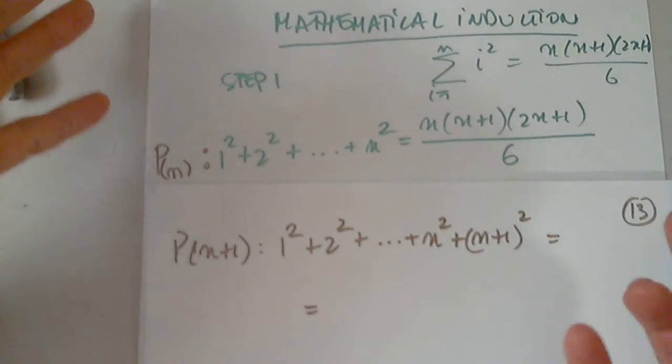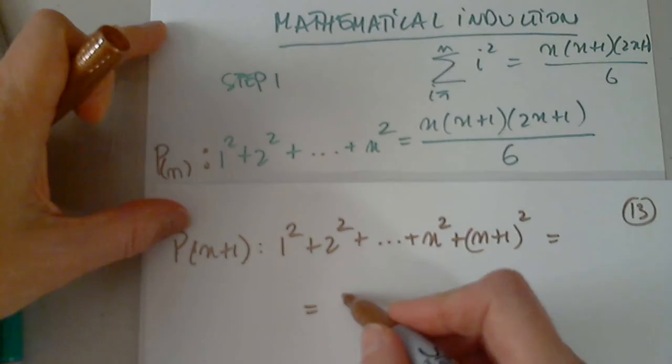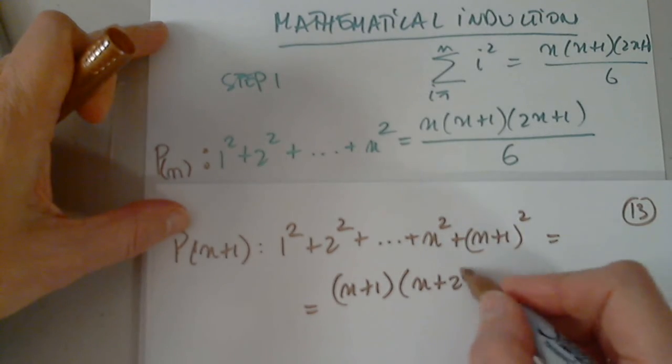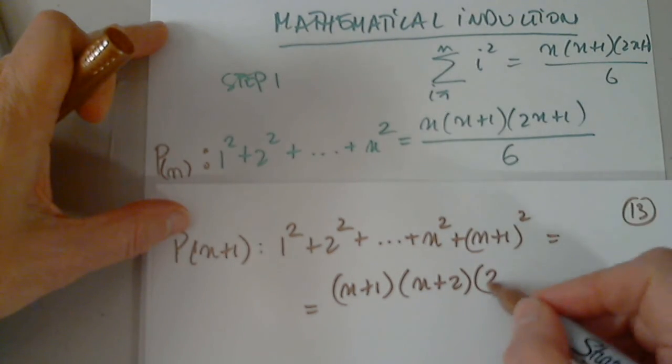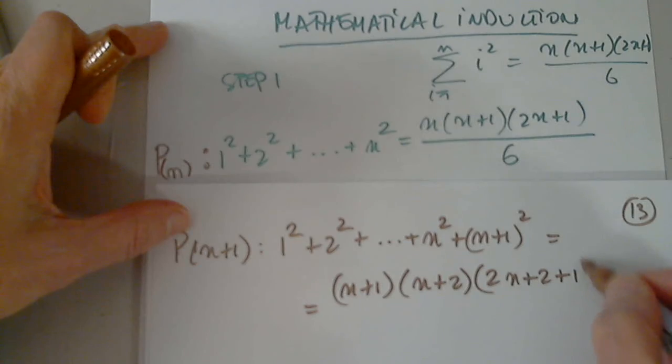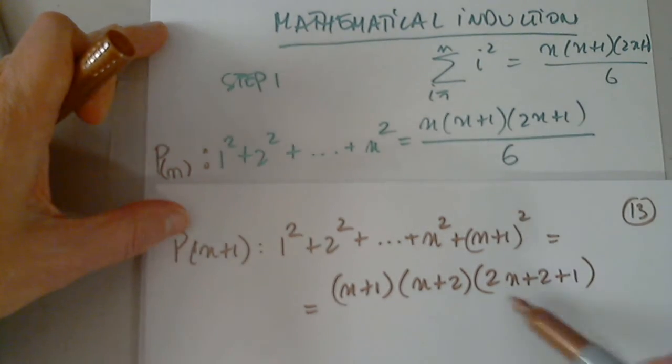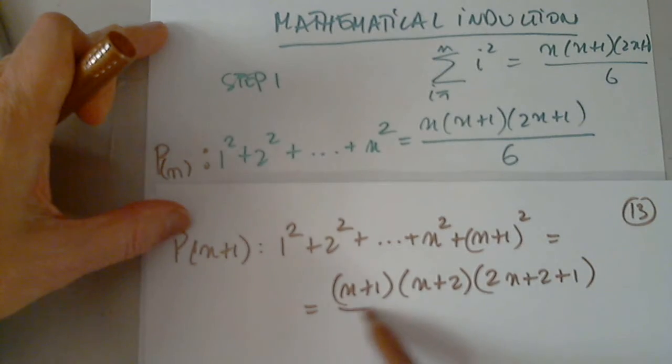And now, as I mentioned, I have to replace n by n plus 1. n plus 1 plus 1 will be n plus 2, and 2n plus 2, n plus 1. I distributed, and I got 2n plus 2, n plus 1 divided by 6.